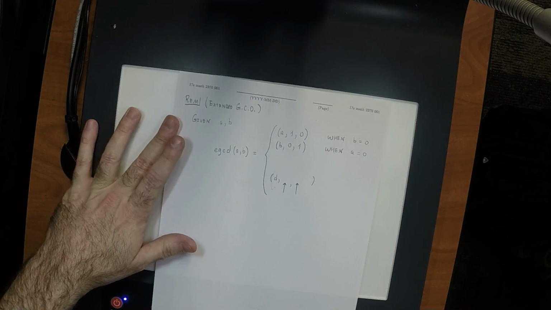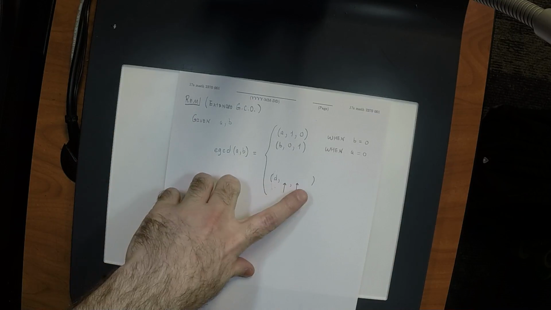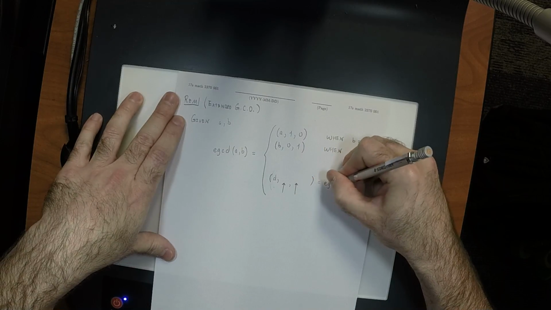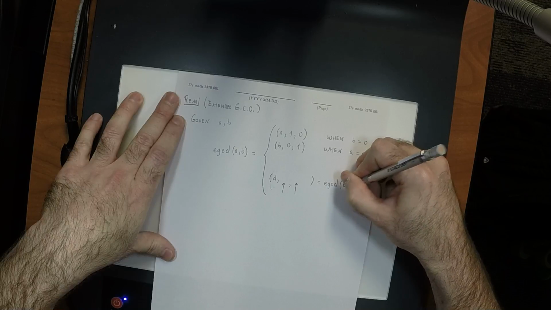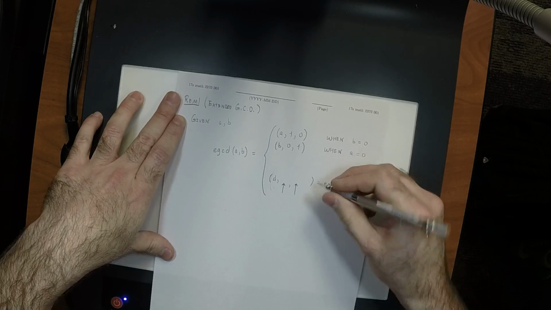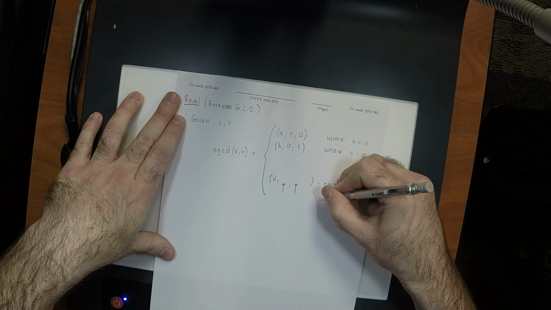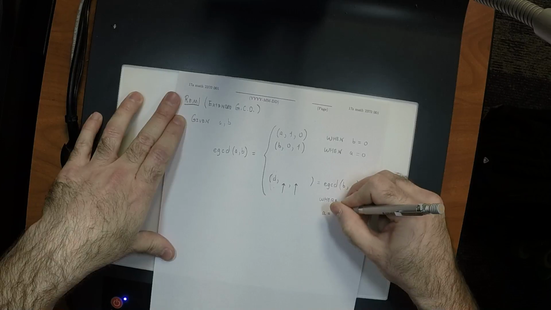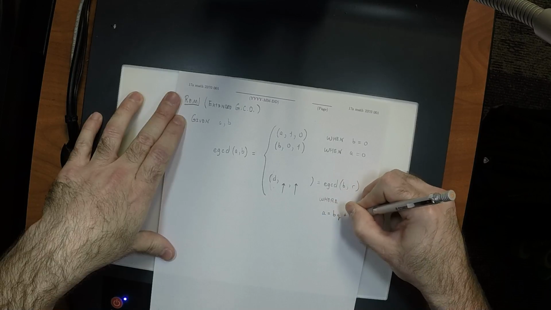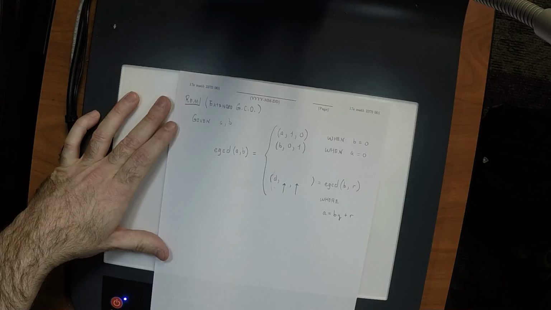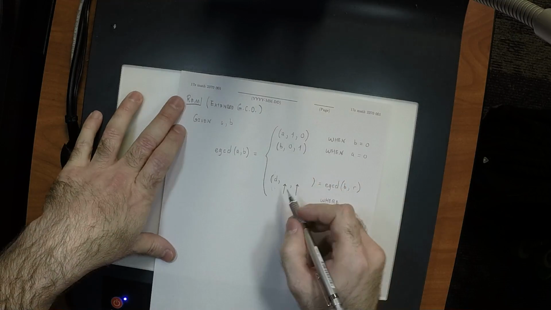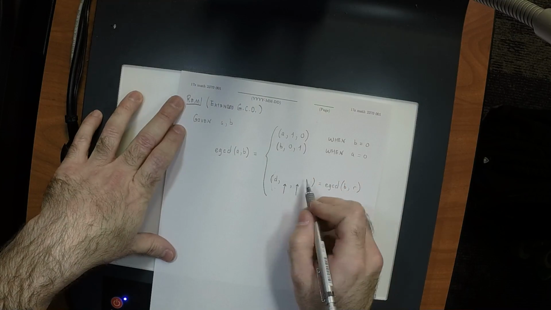So in recursing, we'll have to recurse to EGCD of B and R. And A is BQ plus R. Now, EGCD will have given us two values.